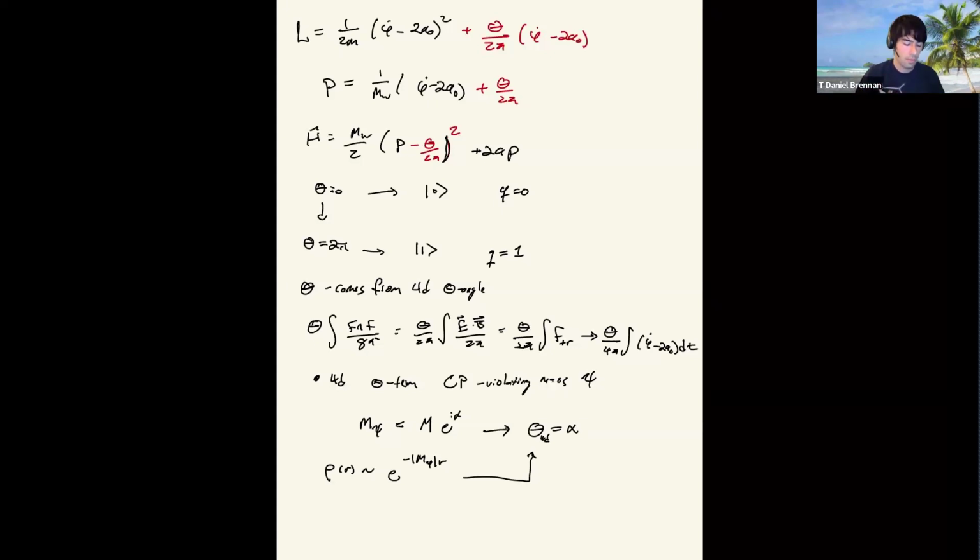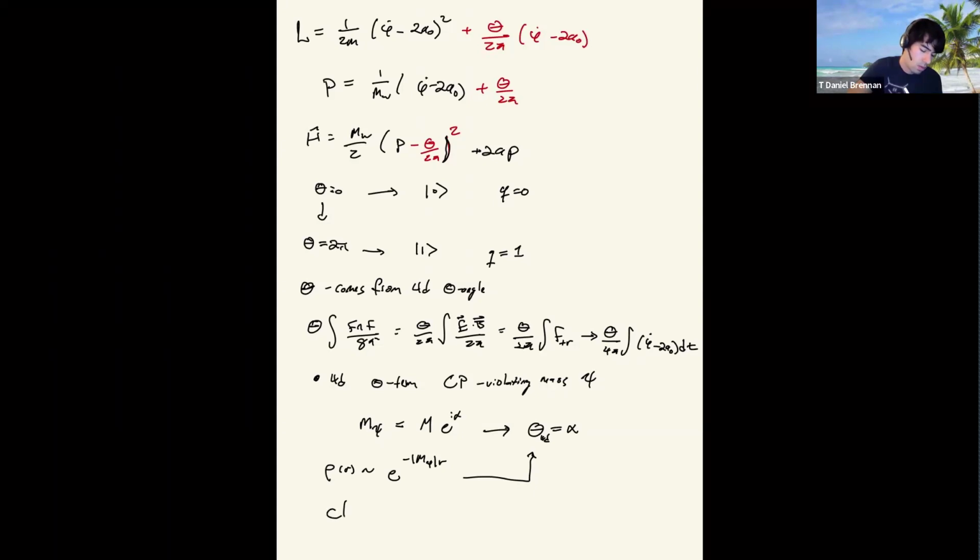And so my claim is that the Callan-Rubakov effect, or the scattering of fermions, actually induces a sort of theta term dynamically. And this is how the gauge charge is conserved in the monopole fermion scattering.